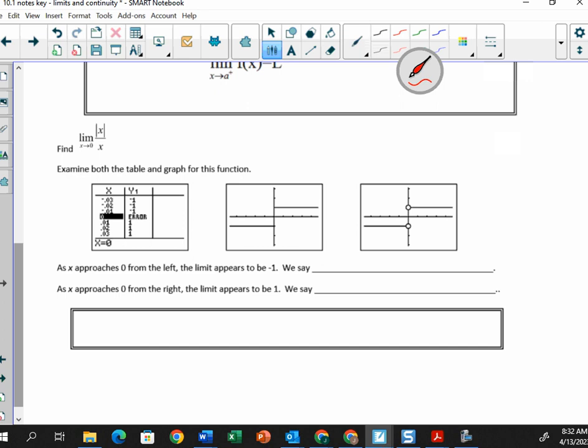That is not okay. So we need to think about what this graph looks like. This is really the best picture of it over here. If I plug in any negative x value, I just get -1 for my y value. But if I plug in a positive x value, I get +1. 0 is a hole for both of them, okay?